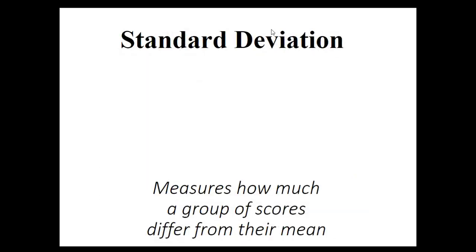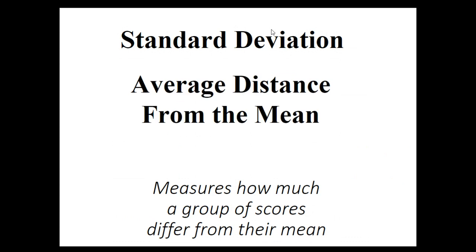Now let's remind ourselves why we're even interested in the standard deviation. The standard deviation measures how much a group of scores differ from their own mean. And earlier today, we learned to calculate the average distance from the mean, which also measures the same thing. It measures how much a group of scores differ from their mean. Now, because the standard deviation and the average distance from the mean are meant to measure the same thing, it would be nice if they agree with each other.